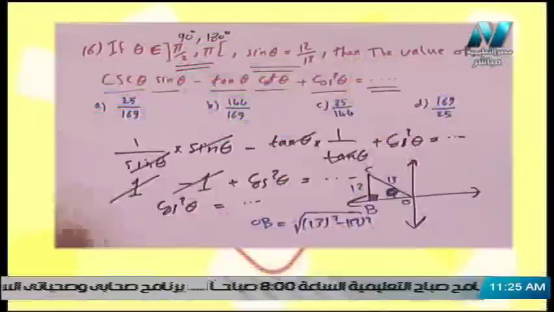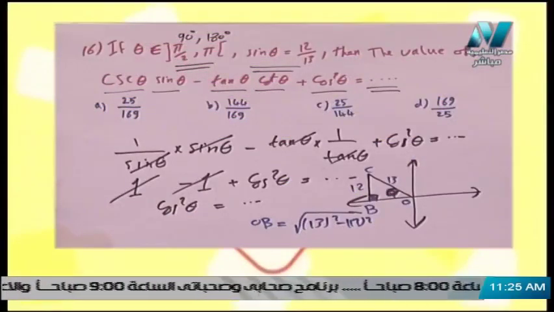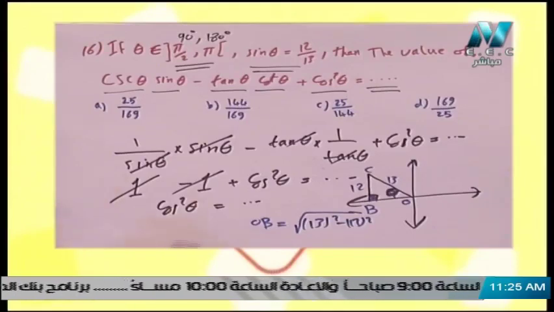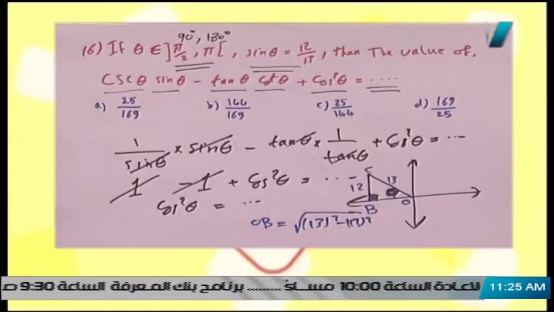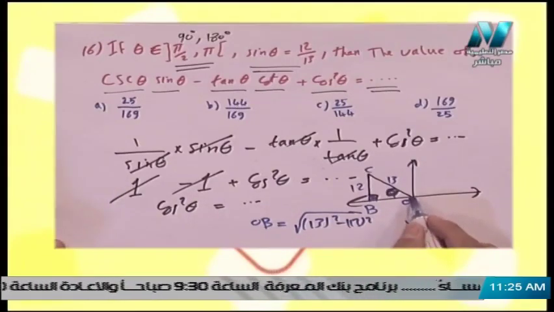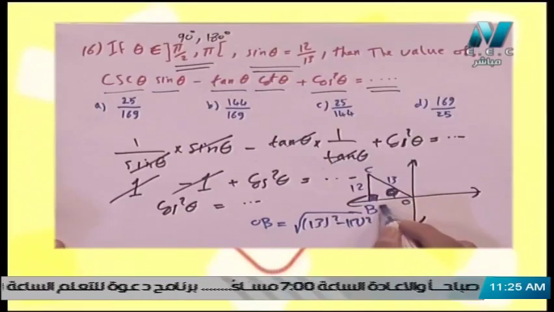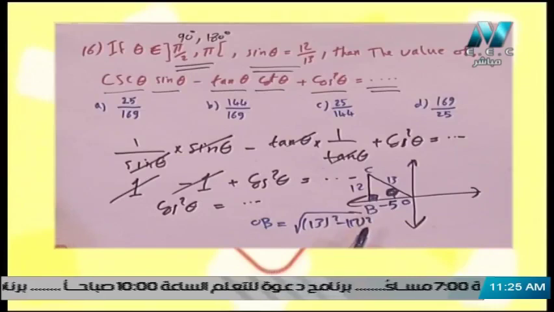Square root of 13 power 2 minus 12 power 2 equals 5. So the answer will be 5 here. But concentrate, my dear students, that this is the negative part of x. So it will be negative 5 here.